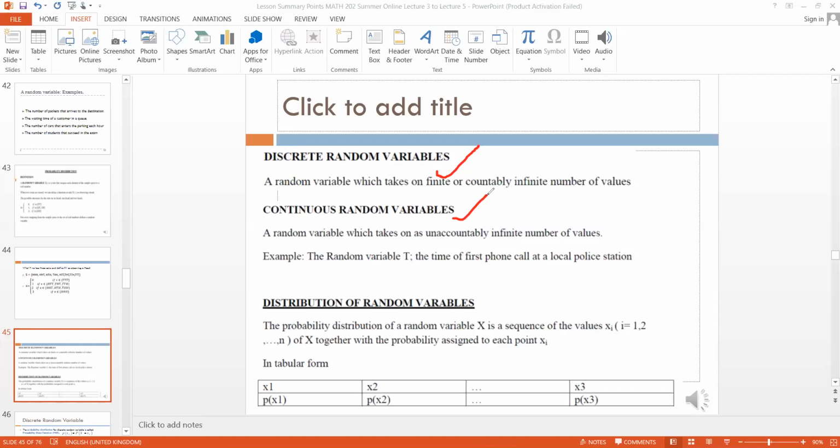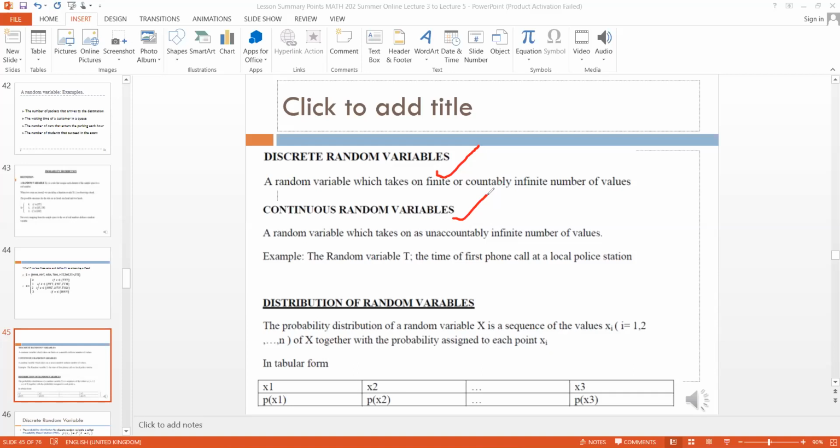So modeling the time to the first call at a local police station is what? A continuous random variable, because it's a function of time. Good.